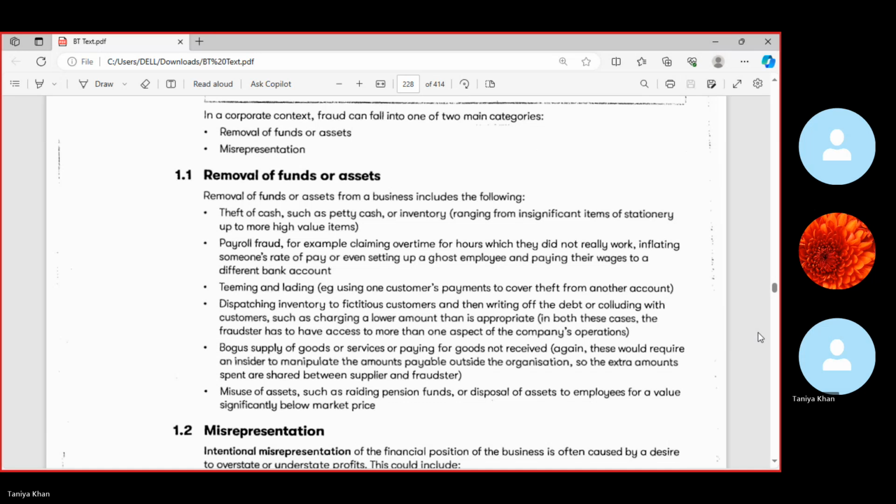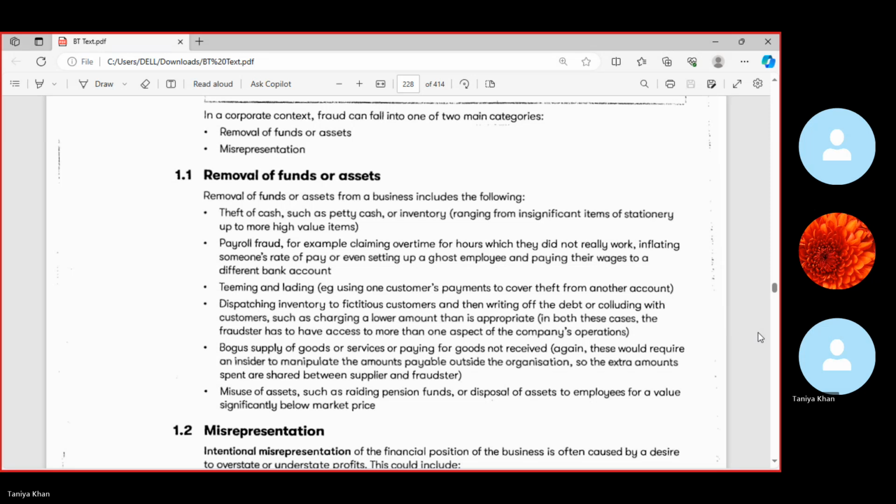Next, third is teaming and lading. I'll give you one example. There are two or three customers of a company, say customers A, B, C, and D, who have all purchased goods on credit, so we will get payment after a certain period.